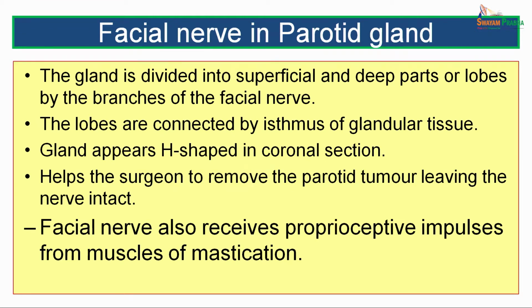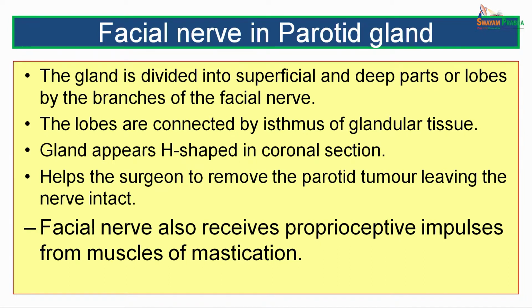The gland is thus divided into superficial and deep parts or lobes by the branches of the facial nerve. The lobes are connected by an isthmus of glandular tissue. The gland appears H-shaped in coronal section. This helps the surgeon to remove the parotid tumor, leaving the nerve intact.